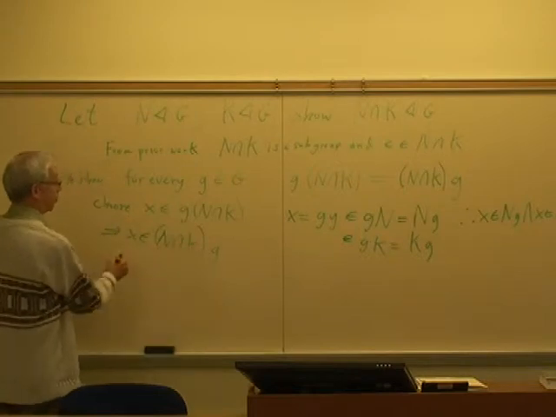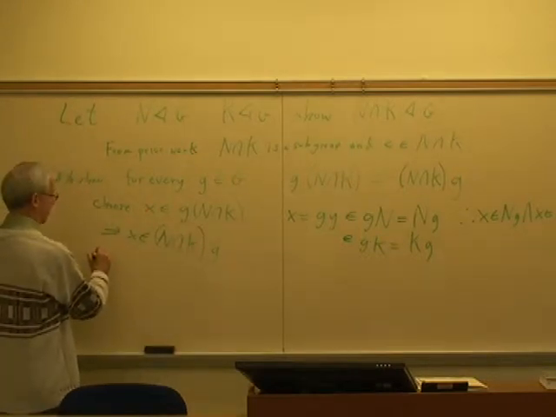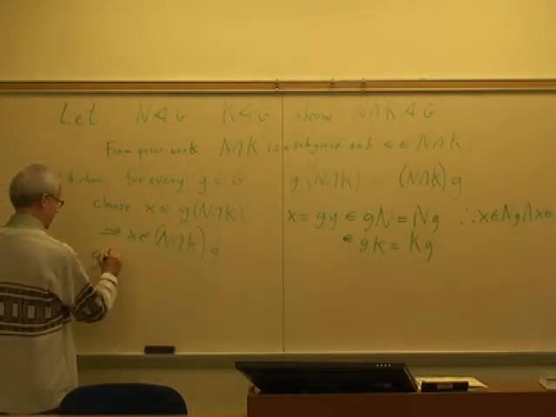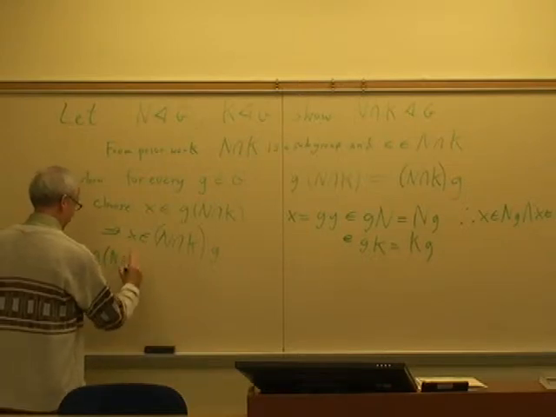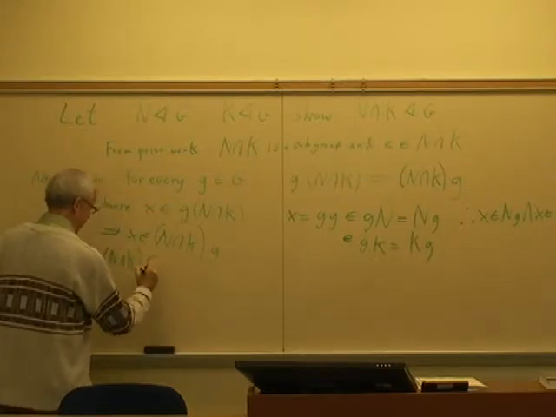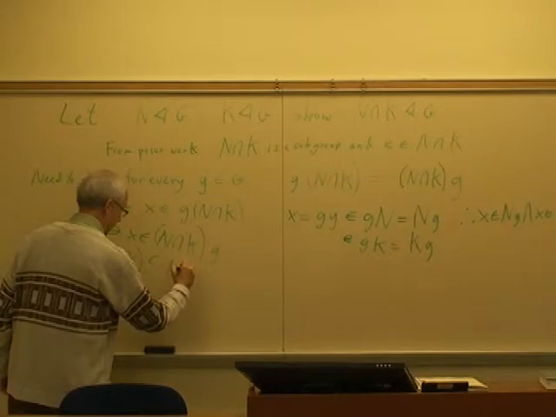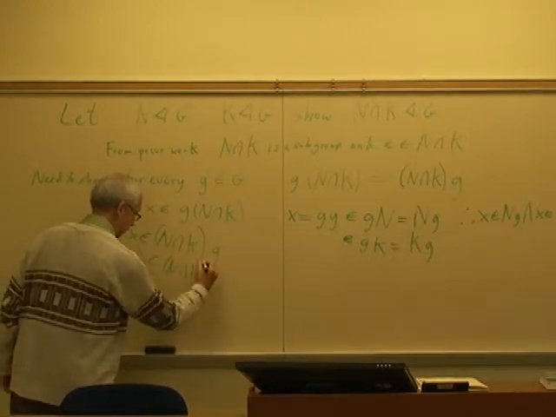So what we've established so far is that g(N ∩ K) is contained in (N ∩ K)g.